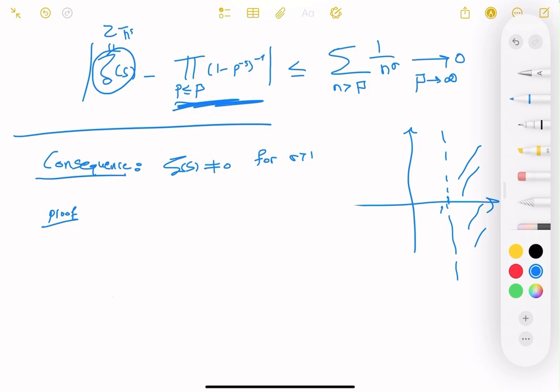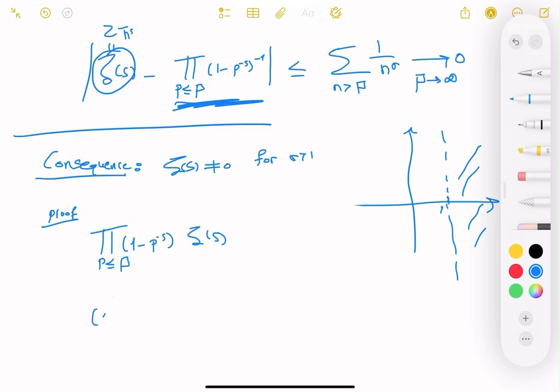So a quick way to see this is that if you look at the product over all primes less than or equal to P times zeta. So let's do it real quick here.